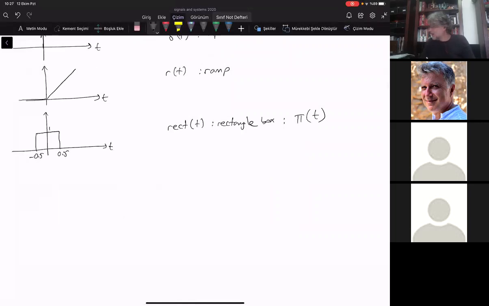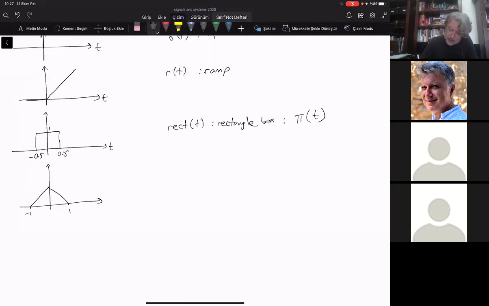The other one is the unit triangle, like a rectangle. Now this time it's a triangle. But the triangle is actually from -1 to 1, like this. And notice that the unit rectangle and the unit triangle have unit areas underneath.